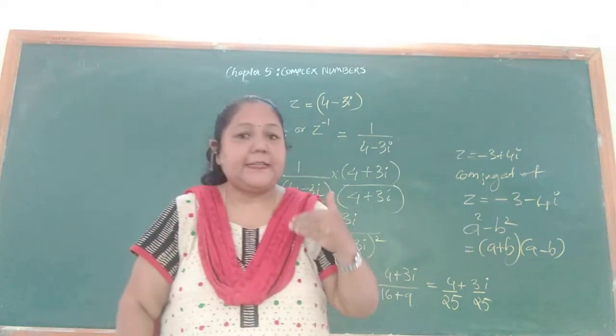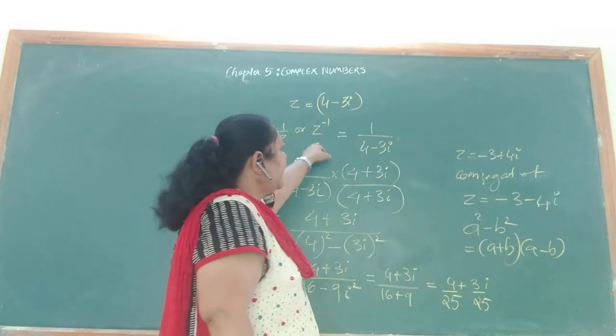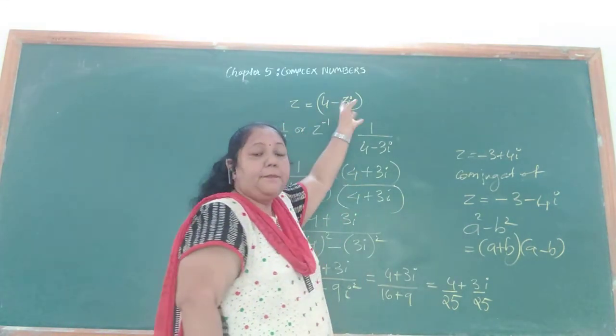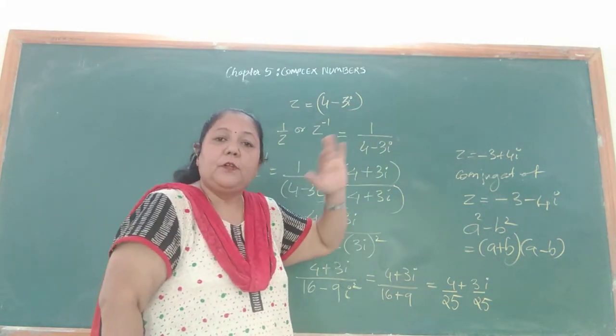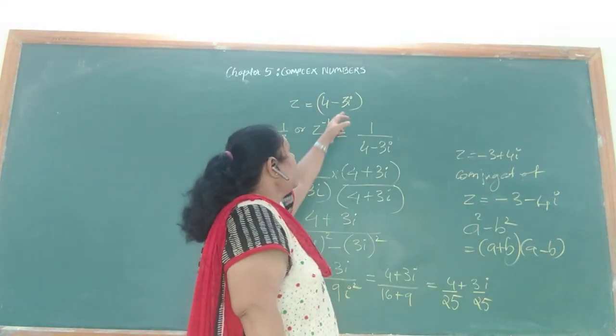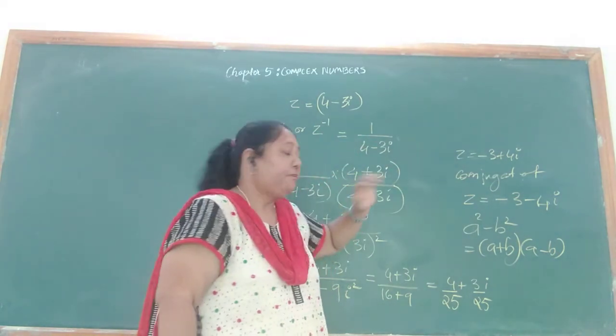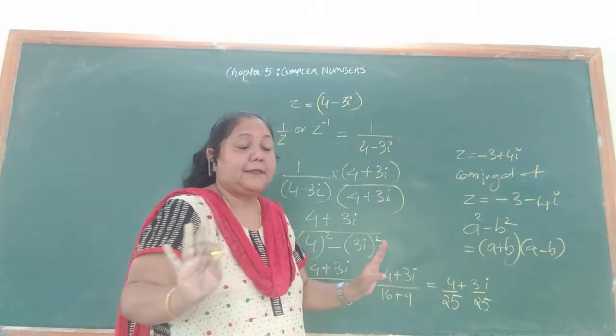Inverse means what? Reciprocal. So what will happen if we take the reciprocal? The reciprocal of z inverse, the reciprocal of 3 is 1/3, the reciprocal of 5 is 1/5. So that's the way, reciprocal means 1 upon the number. So 1 upon 4 minus 3i, the denominator cannot be a complex number.